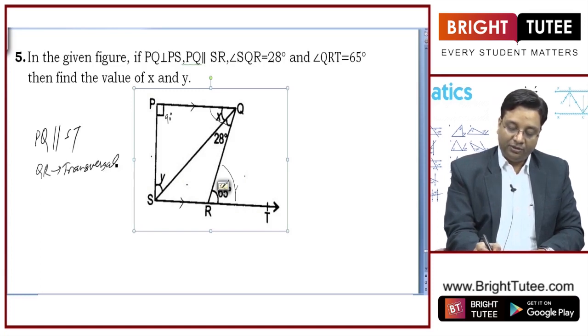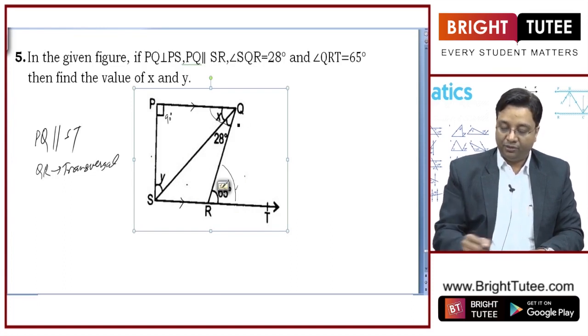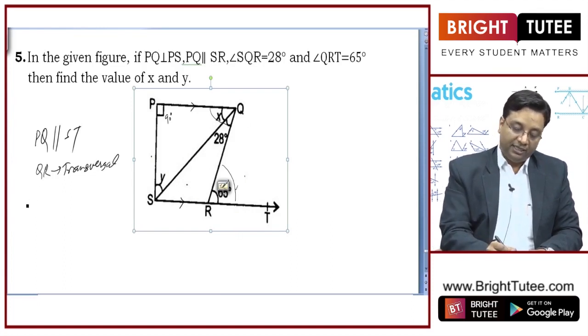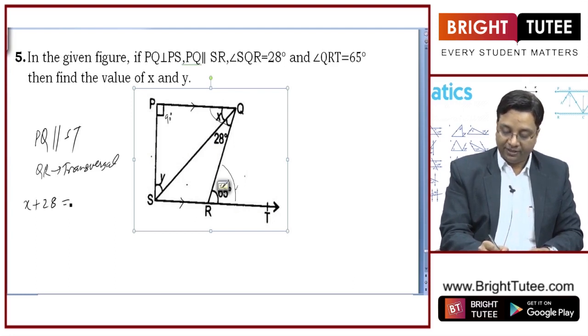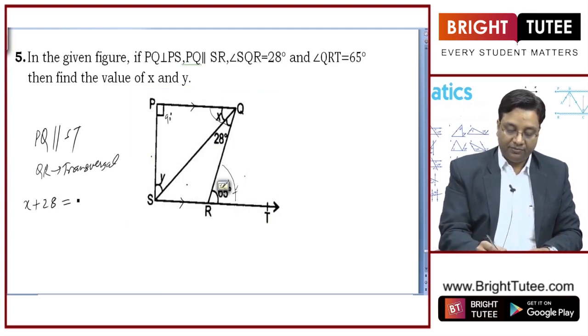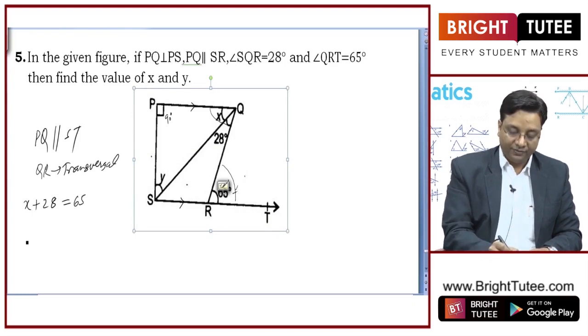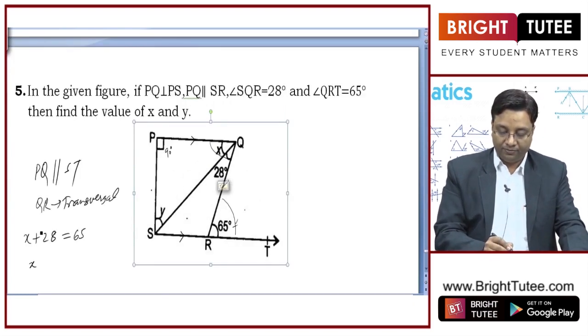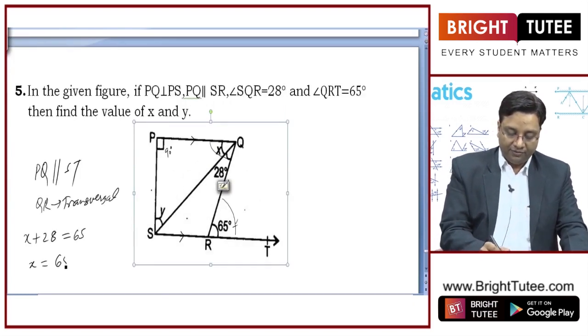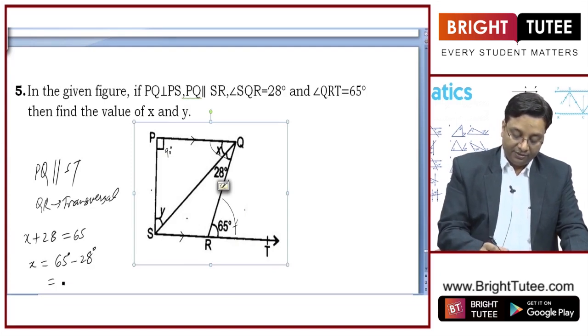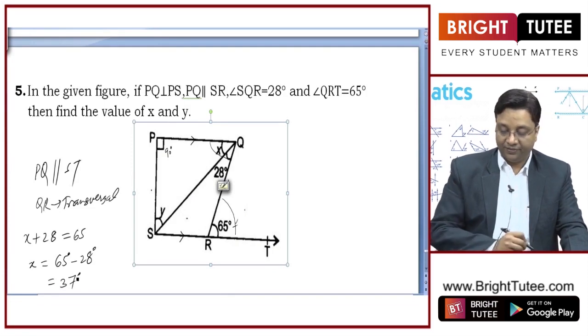By writing these, you can write that this angle, angle PQR, is equal to angle QRT, alternate interior angles. Hence x plus 28 is equal to 65. So x is equal to 65 minus 28, that is 37.